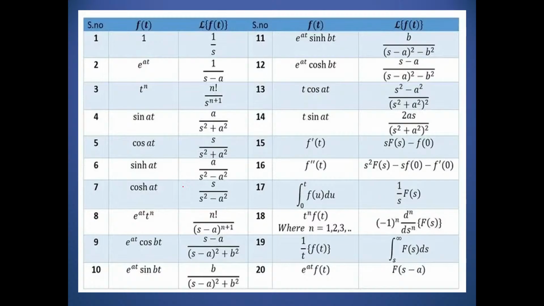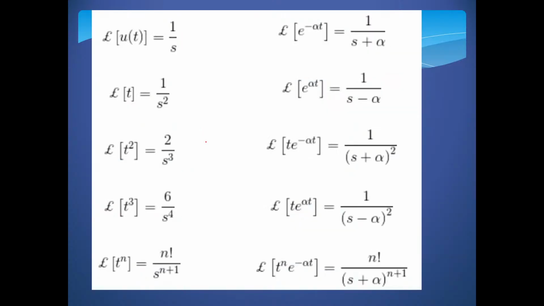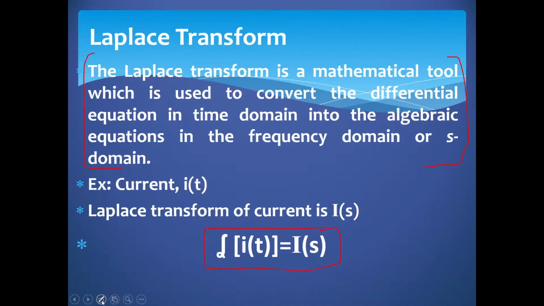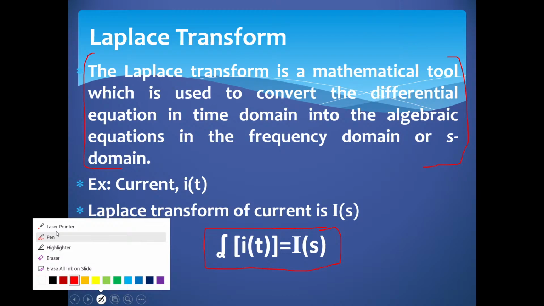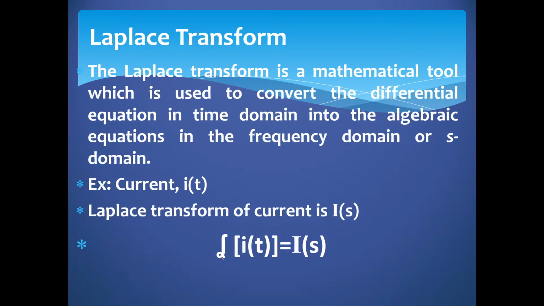And now one more thing I want to discuss. I said that if you have time domain terms, you can convert them into Laplace forms. If I have i of t, I can convert that into I of s. Now, if I have frequency domain terms, meaning an algebraic equation, and I want to convert that equation into a differential equation, then I have to take the inverse Laplace.